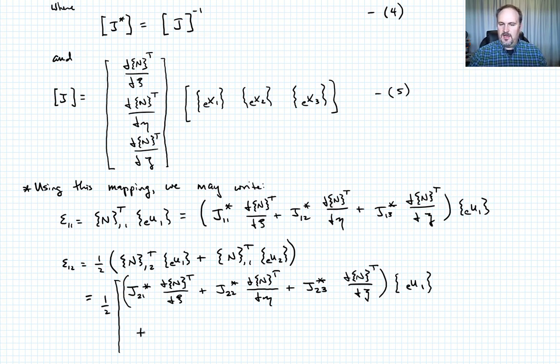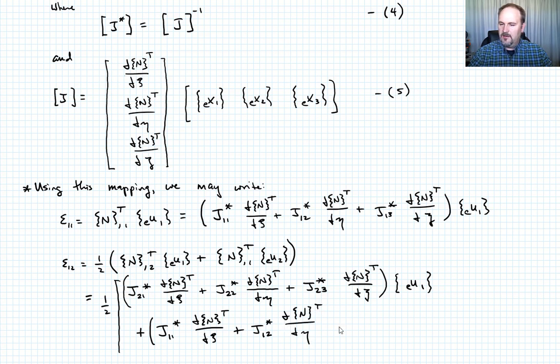And so that's this first term. The second term is then plus, and now we do it again, except this term looks like j11 star times the partial of n transpose with respect to xi, plus j12 star times the partial of n transpose with respect to eta, plus j13 star times the partial of n transpose with respect to zeta.